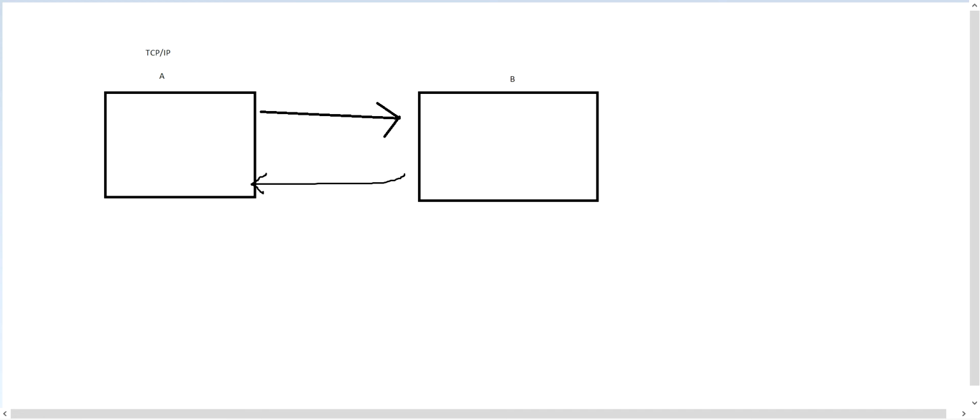So computer B shot back a response to computer A and gave it its information. Those are rules. The rule for computer A is it must make a request to computer B, and the rule for computer B is that once computer A makes that request, computer B has to send back information specific to that request.